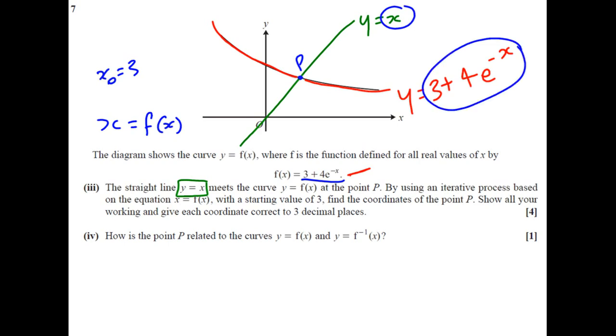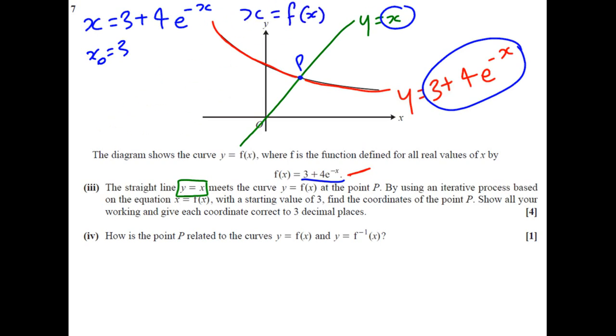So when we equate those, we get x equals 3 plus 4e to the minus x. Now our starting guess is x0 equals 3. Now there's a very special way to do this in your calculator, which I'll show you now.